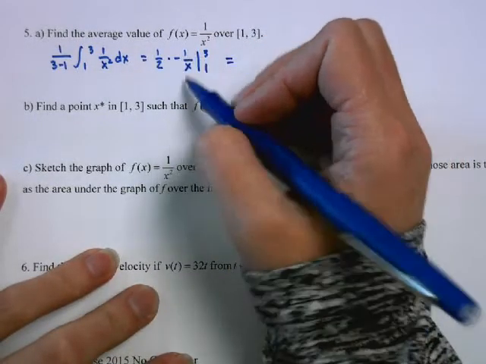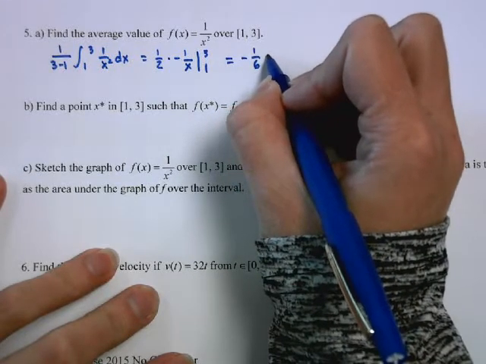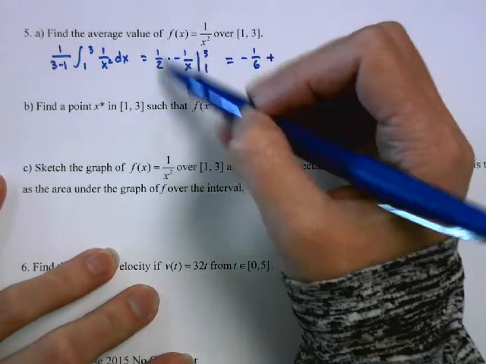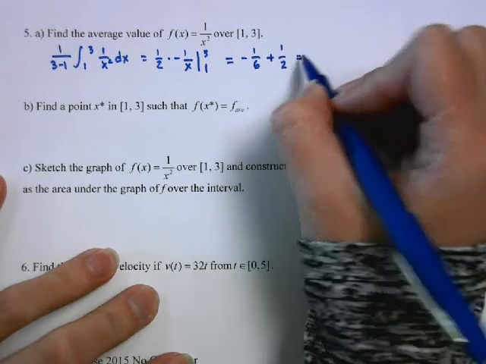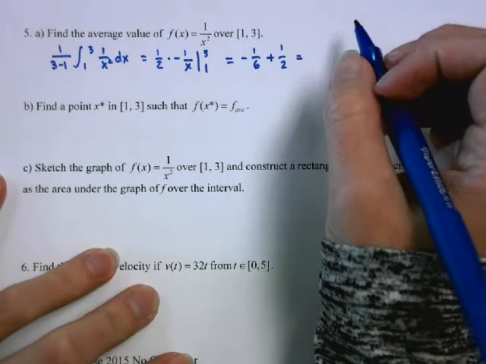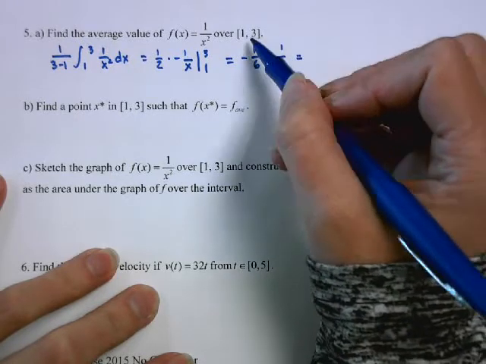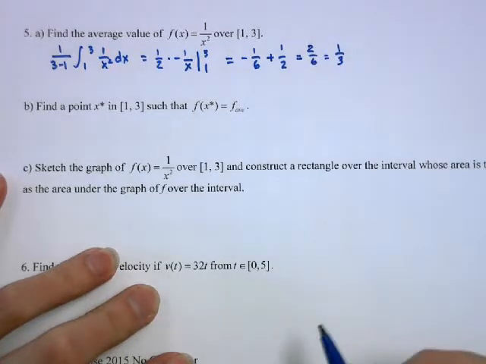So we're going to have 1/2 times negative 1/3, which will be negative 1/6. And then minus negative, so this will be plus 1/2 times 1 over 1. So we get a common denominator. This would be 3/6. So 3/6 minus 1/6 is 2/6 or 1/3.